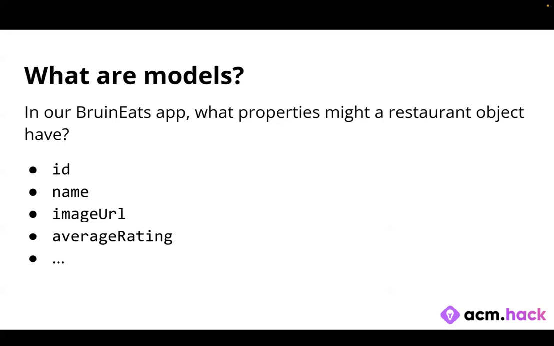Just by taking an ID, you'll be able to tell one restaurant apart from all the other restaurants in the database. And a restaurant better have a name, and maybe also an image on the website so that customers can look at how the inside looks and how the dishes look. So an image URL, and also the average rating, as Lorelai said.